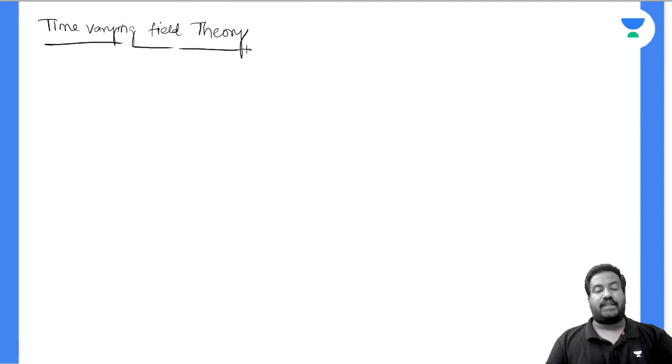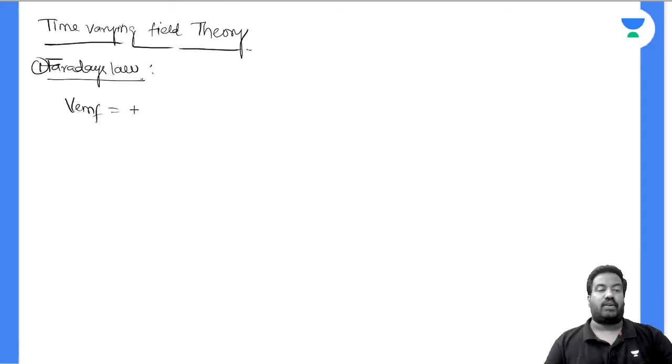In time varying field theory, it mainly derived two derivations. One is Faraday's law. According to Faraday's law, the induced EMF within any closed path is equal to rate of change of flux linkage.